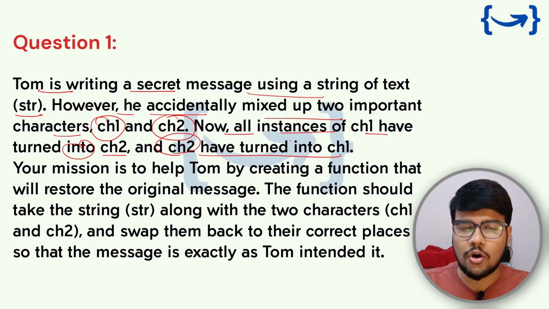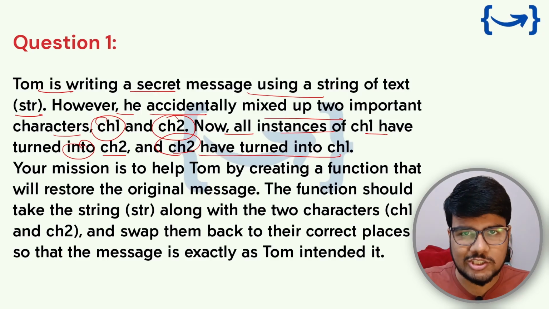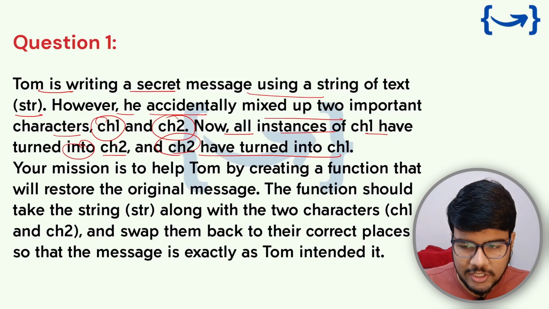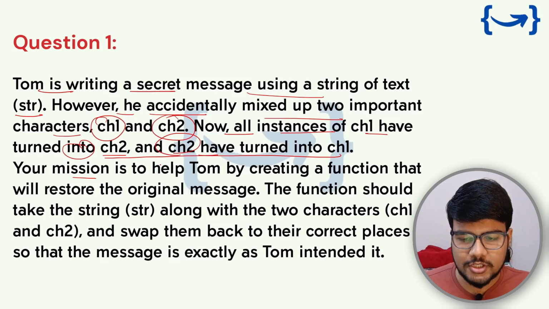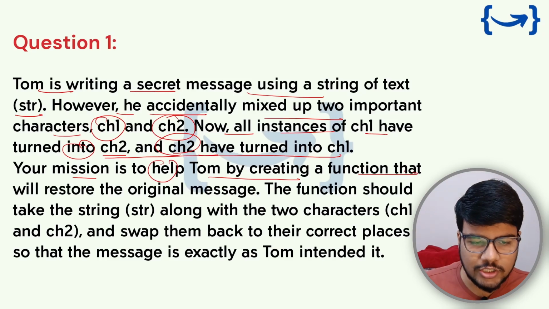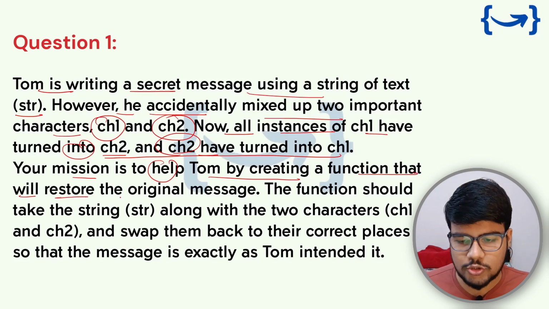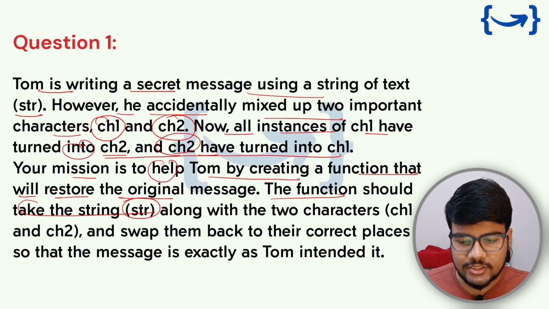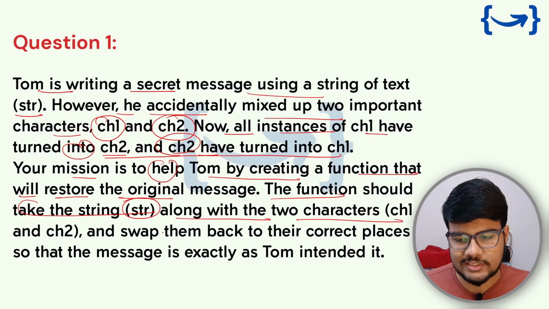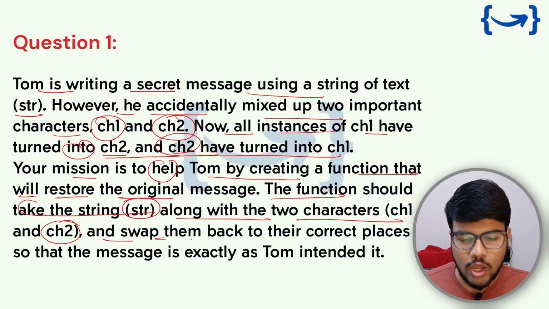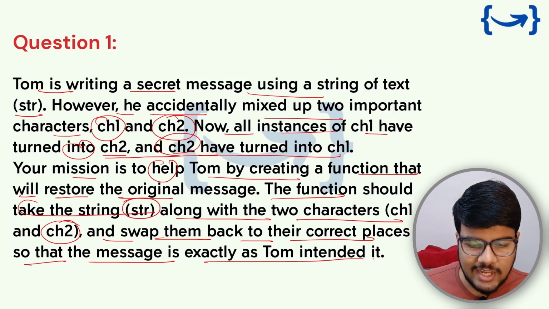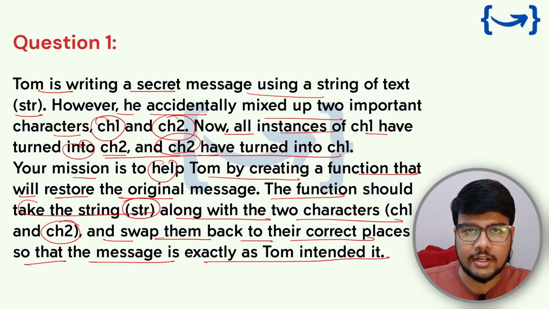If you have solved my Accenture coding sheet, then I think you got a trick to solve this question. Your mission is to help Tom by creating a function that will restore the original message. The function should take the string str along with the two characters ch1 and ch2 and swap them back to their correct places so that the message is exactly as Tom intended it.